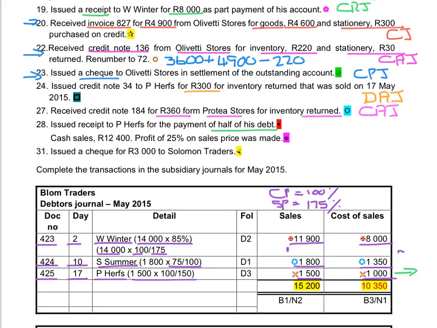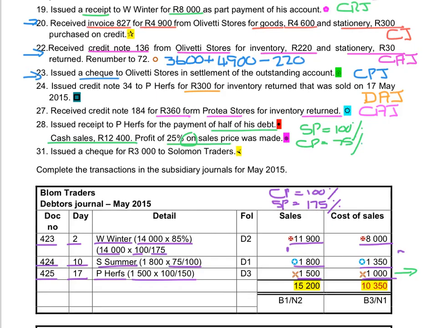On the same day, there's cash sales of 12,400. A profit of 25% on sales price is made. Because it's on sales price, sales price equals 100%, and the cost price will therefore equal 75% of the sales price. These two entries are both on the 28th.